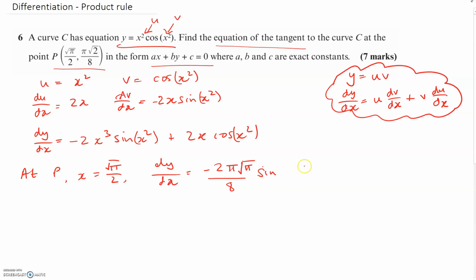So root pi over 2 squared would be pi over 4, plus 2 times root pi over 2 is root pi, cos again pi over 4. Okay, so that would be what you get as a specific gradient.